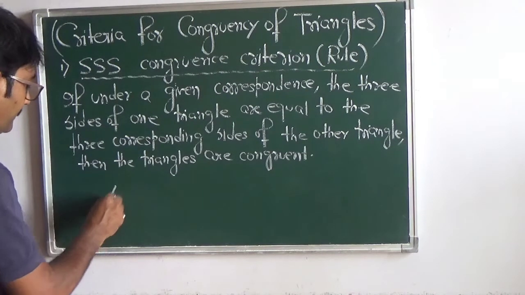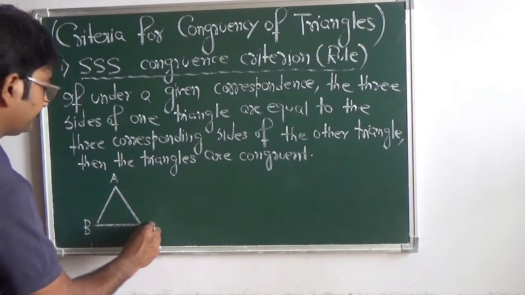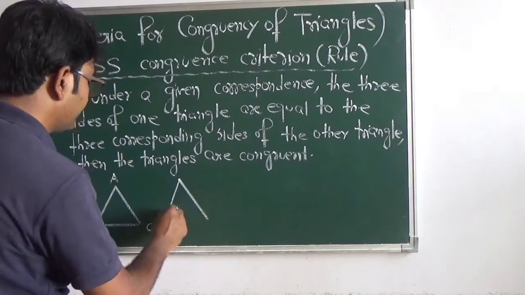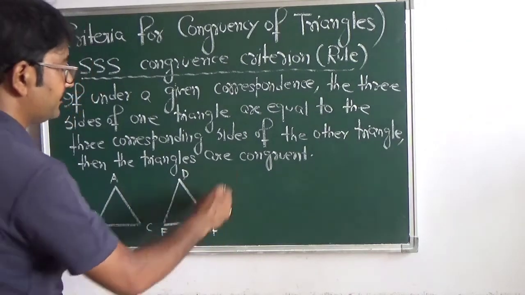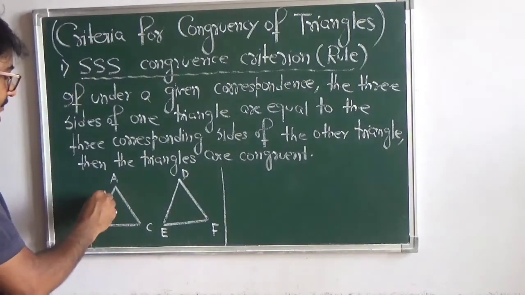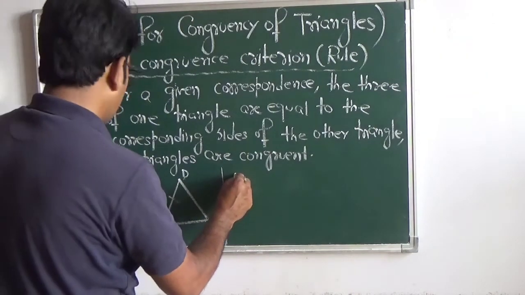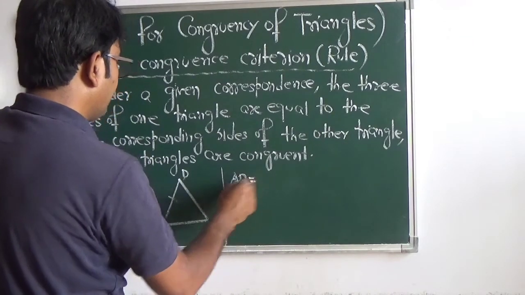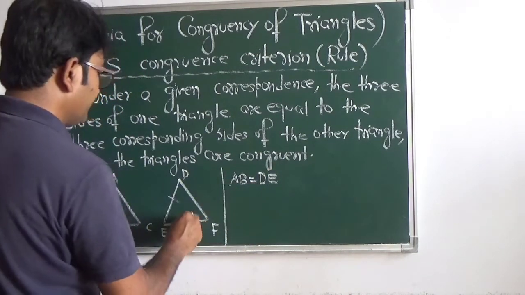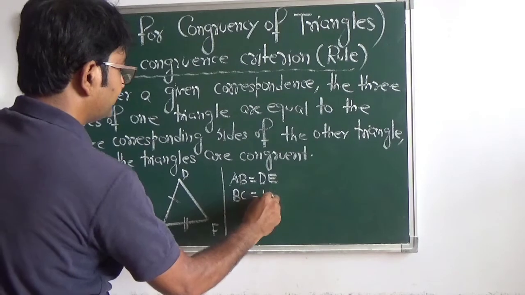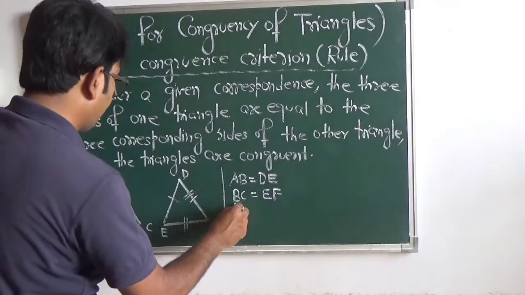So if we take triangle ABC and another triangle, let us name it as DEF. So if side AB of triangle ABC is equal to the side DE of triangle DEF, that is, if AB equals DE, the side BC equals EF, and the side AC equals DF.